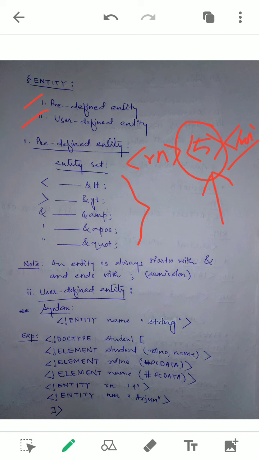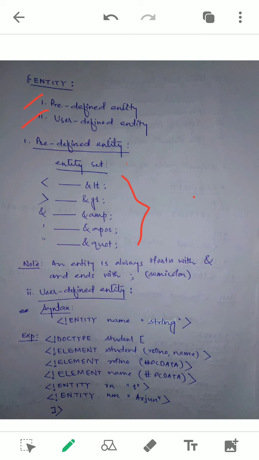Because according to the rule of XML, every starting tag must have a closing tag, but there is no closing tag for this 5. Sometimes you want to display this in double quotation, but you also cannot, because double quotation means attribute values, and this is not an attribute. So in such cases we must use an entity, for displaying purposes, to keep the values.